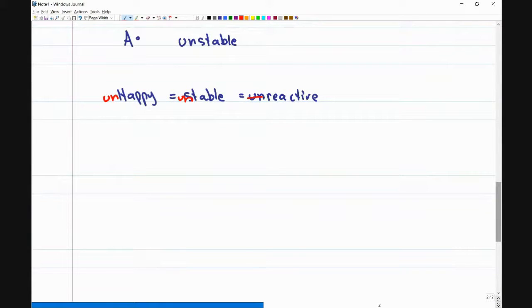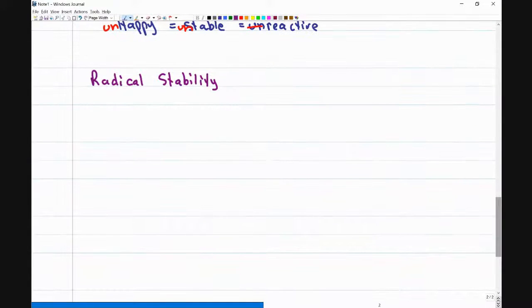Given that they are unstable, there are different levels of instability, and the radical stability you should recognize as very similar to carbocation stability. The more substituted the radical, the more stable it's going to be within the realm of unstable. That means if you have a radical by itself, just a methyl radical, this is the least stable that you can get.